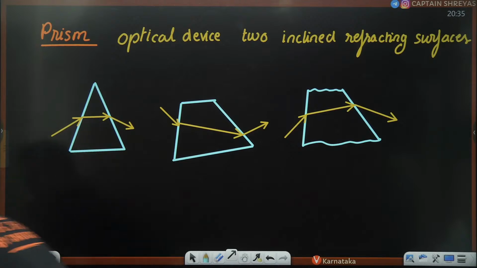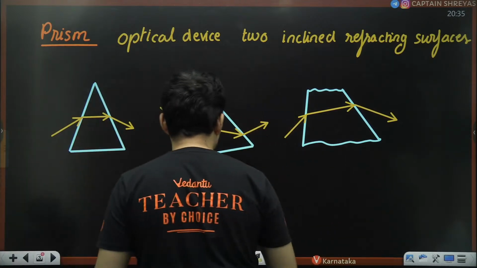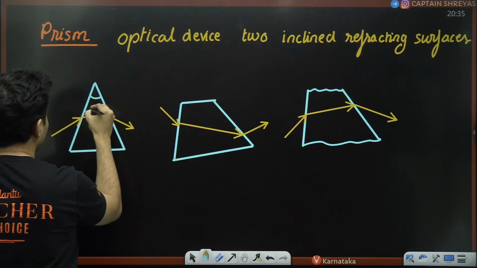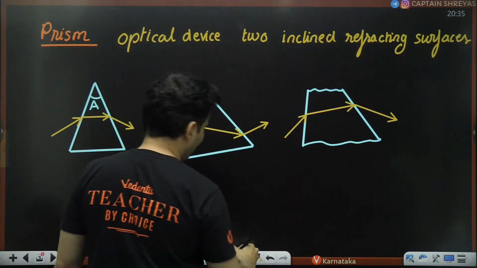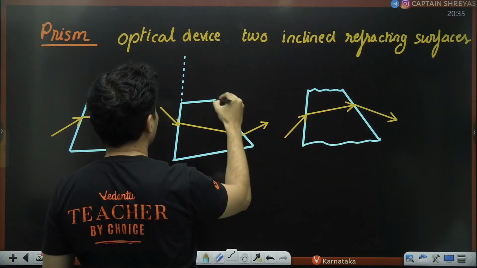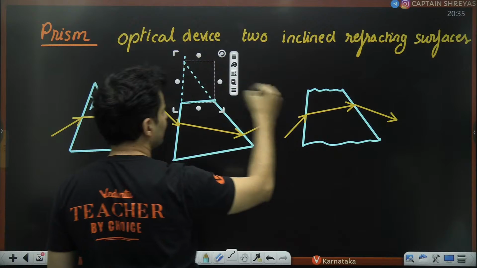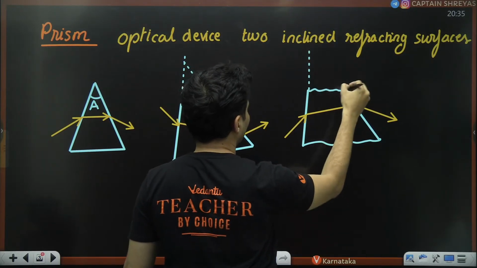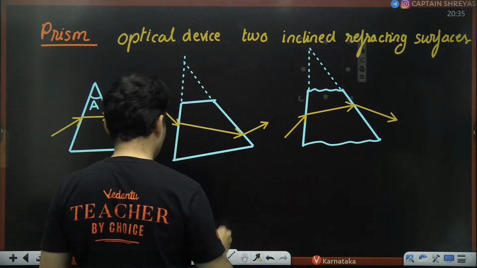Yes, all right. Now, there is a particular angle of importance which you should know, and that is basically this angle. And over here, that angle is not so evident, so I might have to extend those refracting surfaces like this so that I am able to figure out what that particular angle actually is.